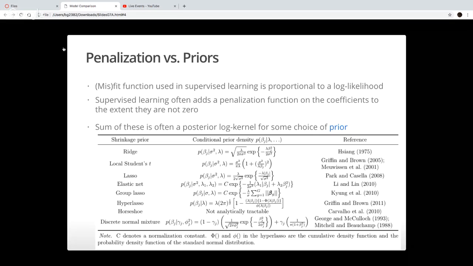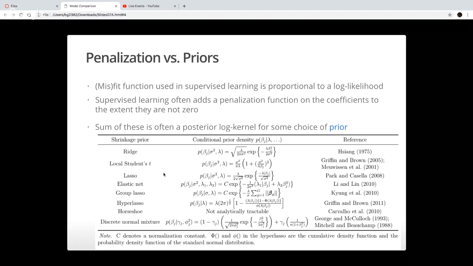So you'll see sometimes people in supervised learning saying, well, if you look at things this way, it has a sort of Bayesian rationalization to what I'm doing, even though no actual Bayesian would do that, even though you could. By that, I mean you could specify this sort of weird prior in order to make the function being minimized by the supervised learning people be a posterior log kernel for some prior. It's just, does that prior make a whole lot of sense? And here we have a table.